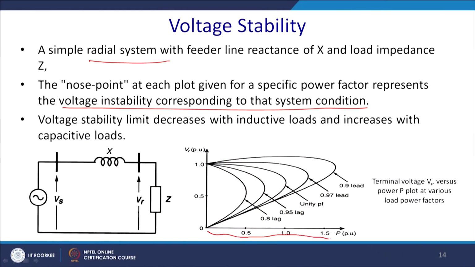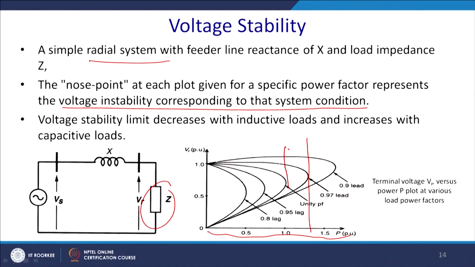So, you can see what happened. This is the power handled by the system, and if the load is inductive till this point, if you are increasing the inductive load, it degrades the per unit value of the voltage.